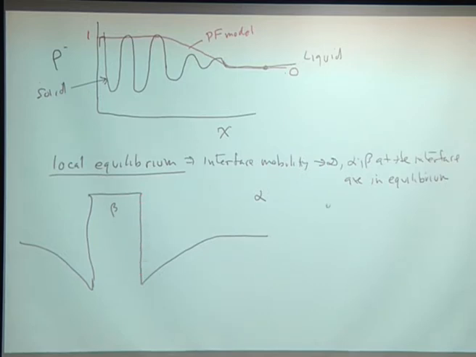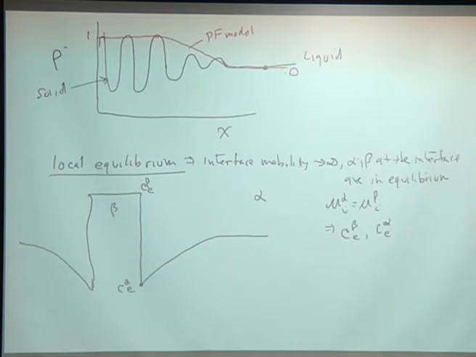So mu alpha equals mu beta, which implies that the compositions at that point are C beta E and C alpha E, which are given by the phase diagram. Okay? So that's when the interfacial mobility is very, very high.